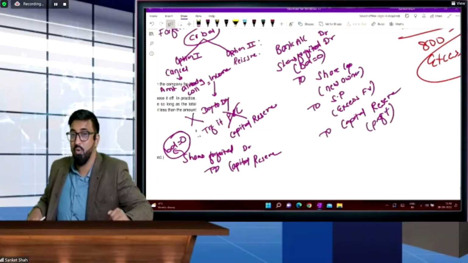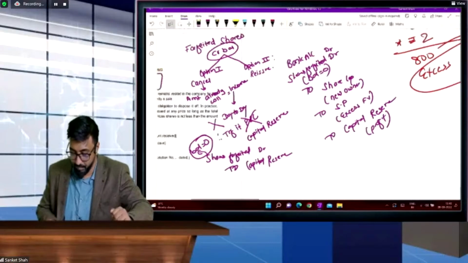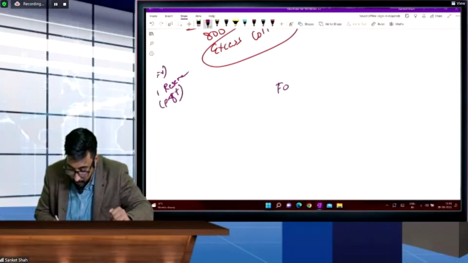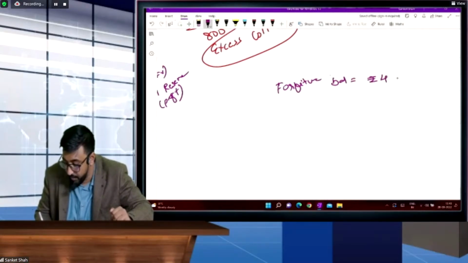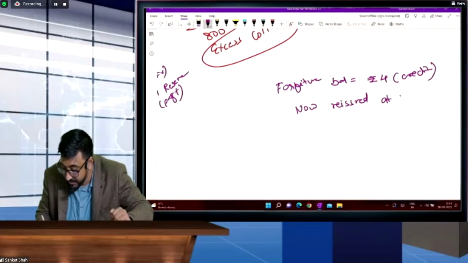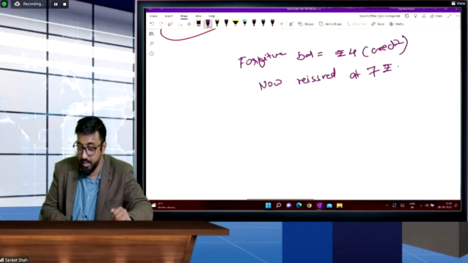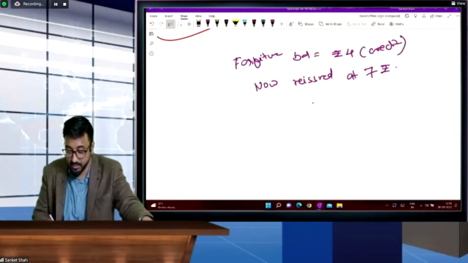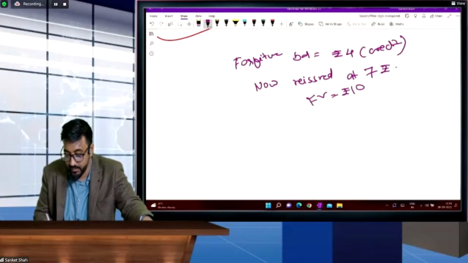See, now I'm giving you one example. Suppose the forfeiture balance is rupees 4, credit balance. Now reissued at 7 rupees. Face value 10. So what is the entry?